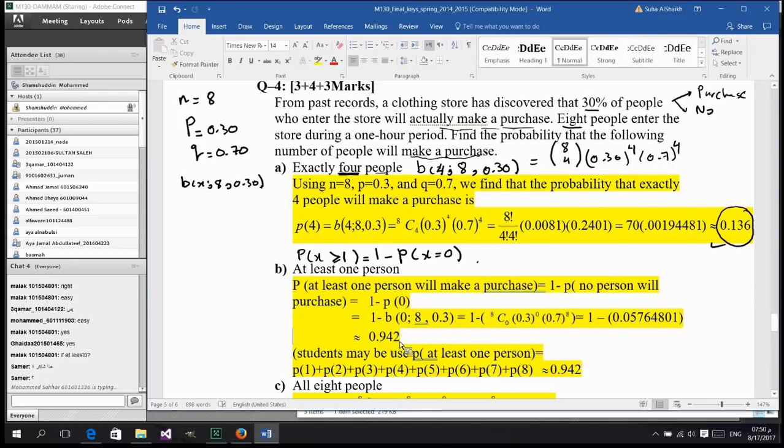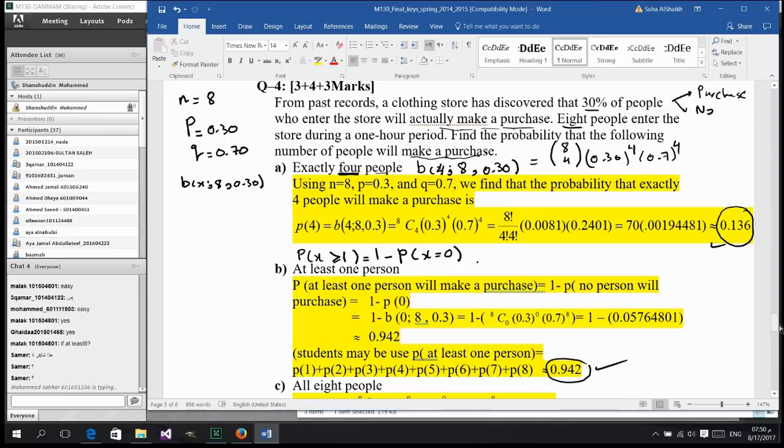Okay? And as you can see here, they are telling you that the student may find the probability of 1, 2, 3, 4, 5, 6, 7, and 8 all together, and this will give them the same result. And again, this is correct. Either you think about it like 1 minus the probability at 0, or you can find it from 1 to 8.